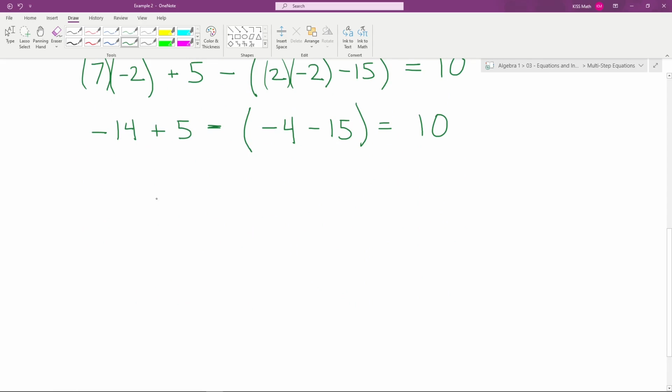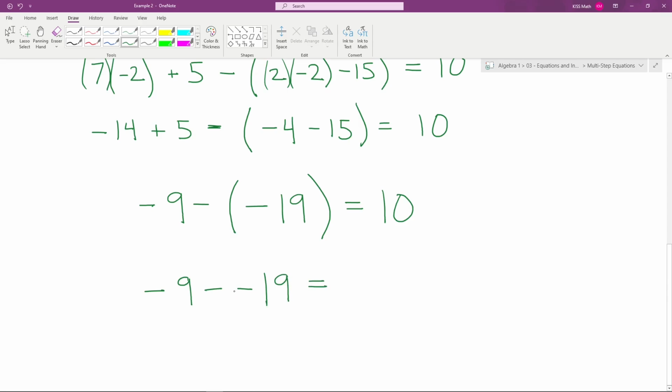Negative 14 plus 5, that's a negative 9, minus. And now in the parentheses we have negative 4 minus 15, so that's negative 19 equals 10. And this is essentially negative 9 minus a negative 19.